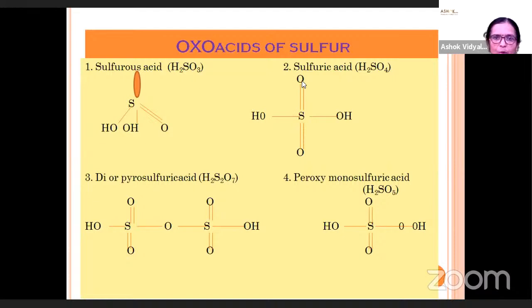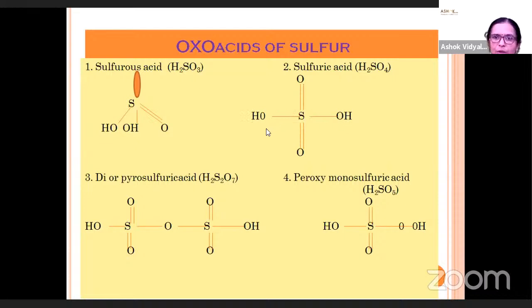This is one sulfur-oxygen double bond, and this is another sulfur-oxygen double bond. The central atom sulfur is bonded with 2 OH groups. This is one of the SOH bonds, and this is another SOH bond.